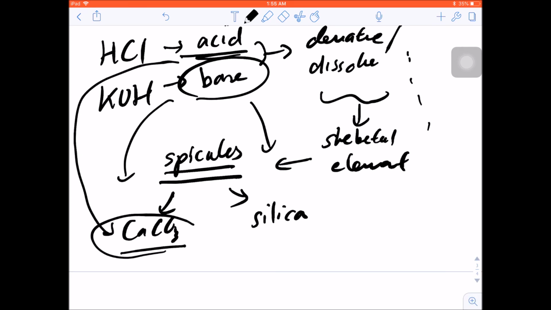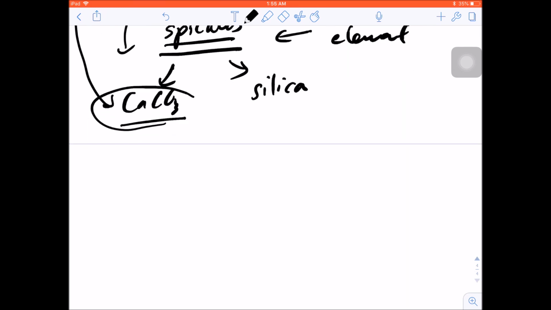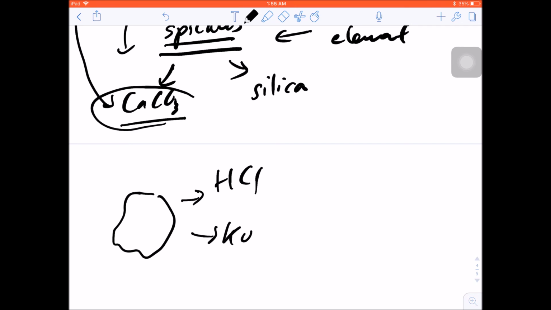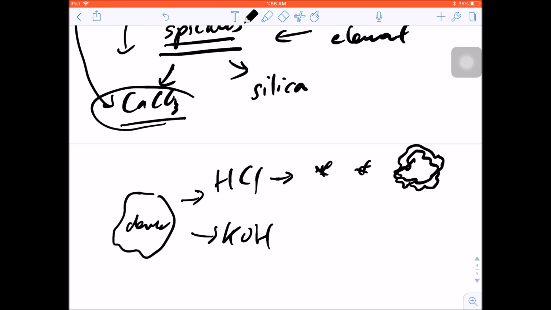So if you have a sponge mass and you dissolve it in HCl and KOH, if this is a demosponge, you'll get spicules here and some gross denatured and broken down cellular mass, and same in the KOH.